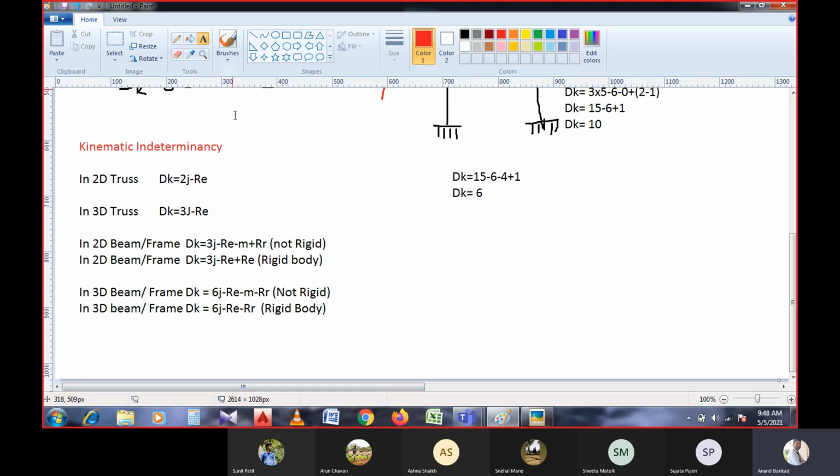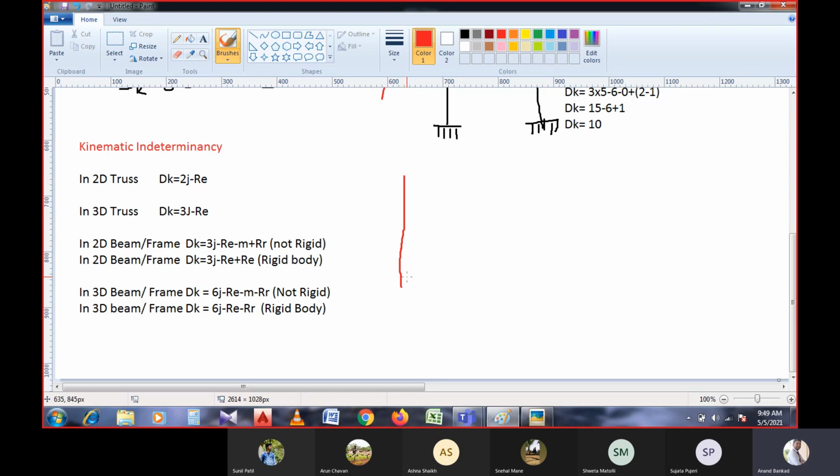So let us take an example with this. Now I will draw a particular structure. Let us see if people can calculate the degrees of freedom.